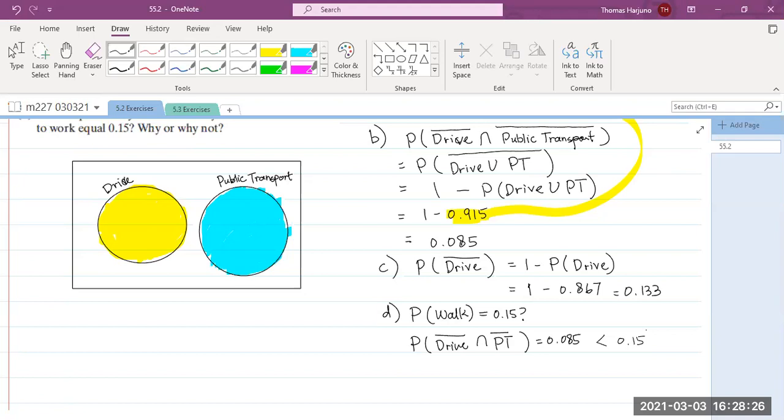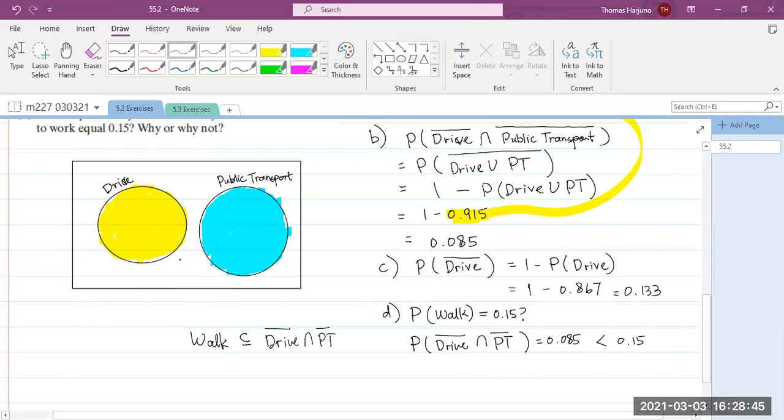Notice that walking is the event outside of driving and outside of public transportation. Part of that is walking.